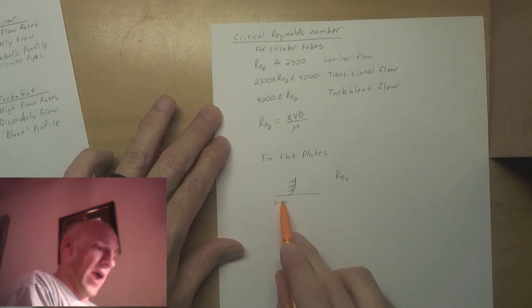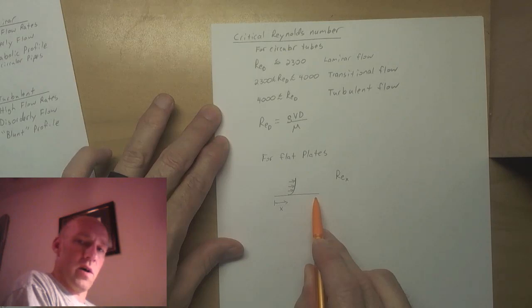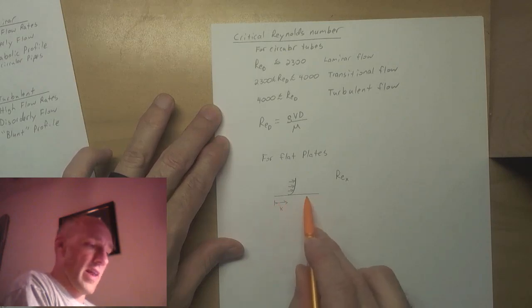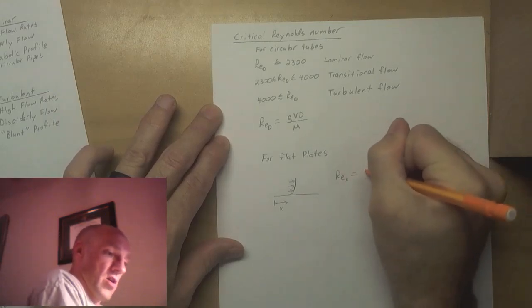So the Reynolds number actually changes as a function of the length along the plate as well as the velocity.